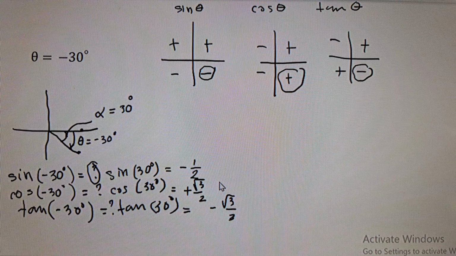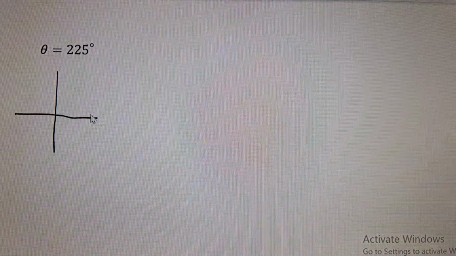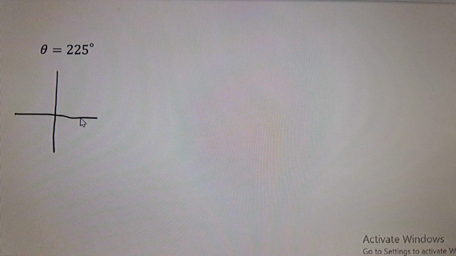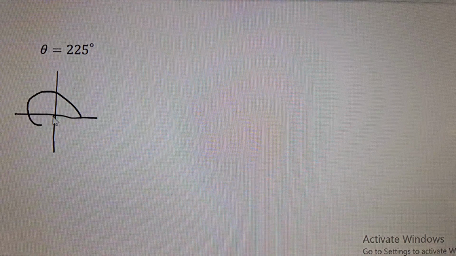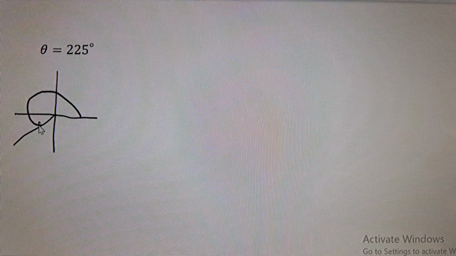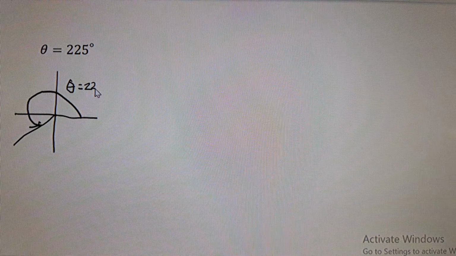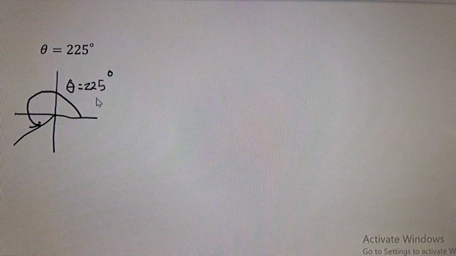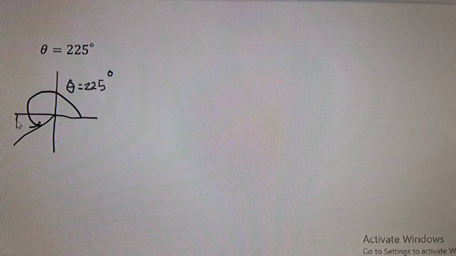Let's take a look at another example. 225. Where is 225? Well, let's see. That is 225 will be at this point. So theta is 225 degrees. What's the reference angle? It would be this one, wouldn't it?